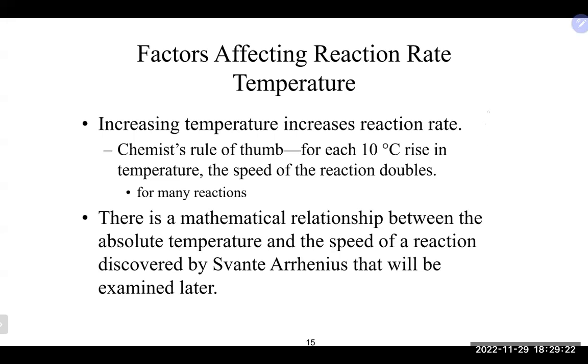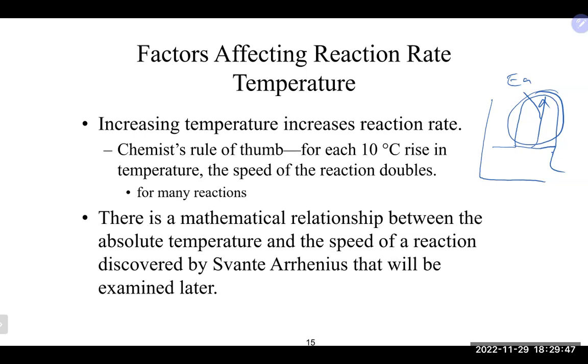As we'll see in this chapter, there is what is referred to as the activation energy, which is the hill that everybody has to climb to get to the other side, going from reactants to products. Only a certain amount of molecules have enough energy to get up and over that hill.